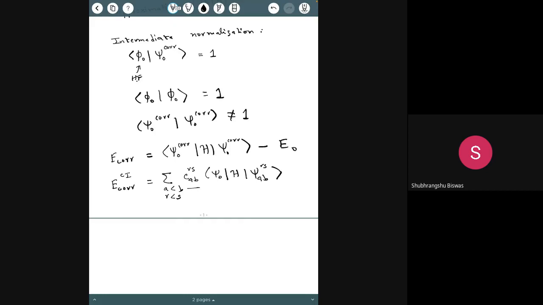I guess Professor Pal would have talked about that as well. Anyhow, that is not important. The thing is that the unknowns are the coefficients. And here there is a restricted sum over all pairs of orbitals. Okay. And if I remove the restriction on this, then I can add a factor of 1/4.